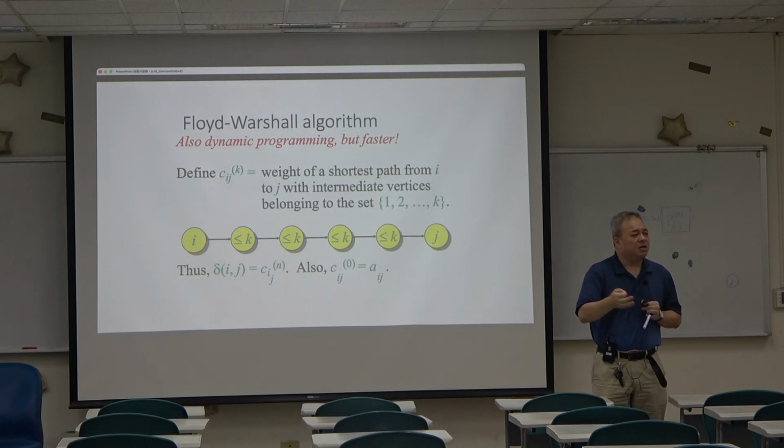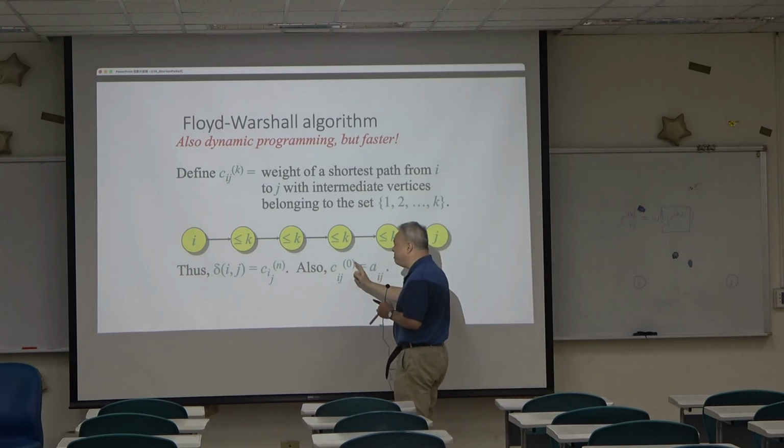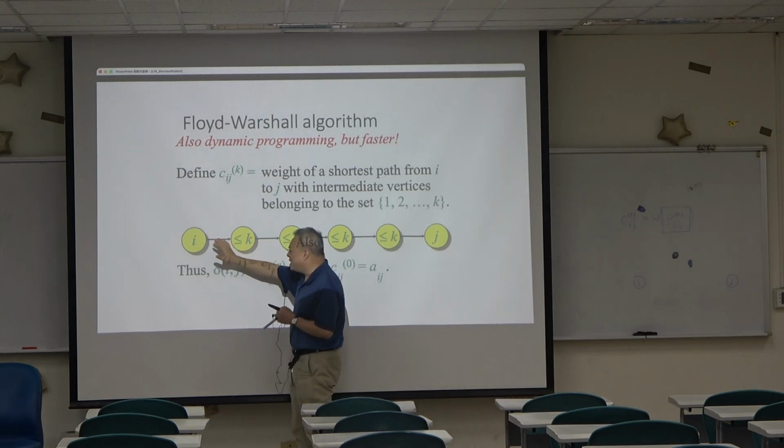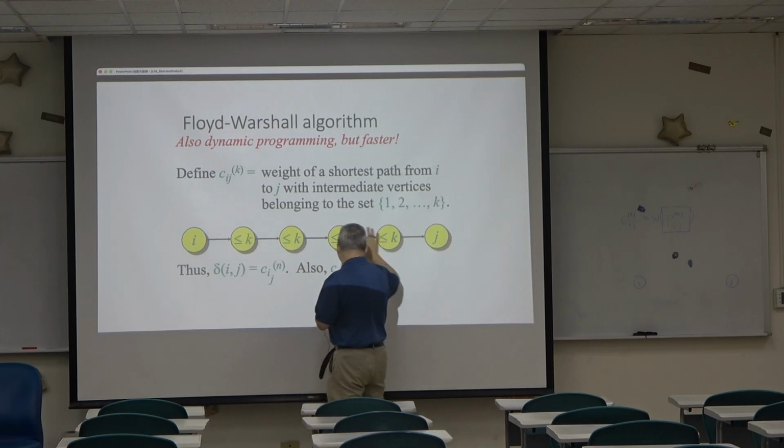But remember, when we rename these nodes, the numbers start from 1, right? So there's no node with number 0. In other words, when you have Cij 0, that means you do not allow any intermediate nodes in between i to j.